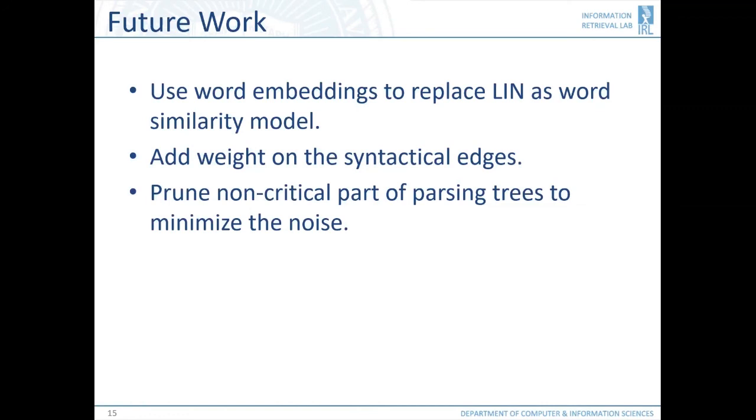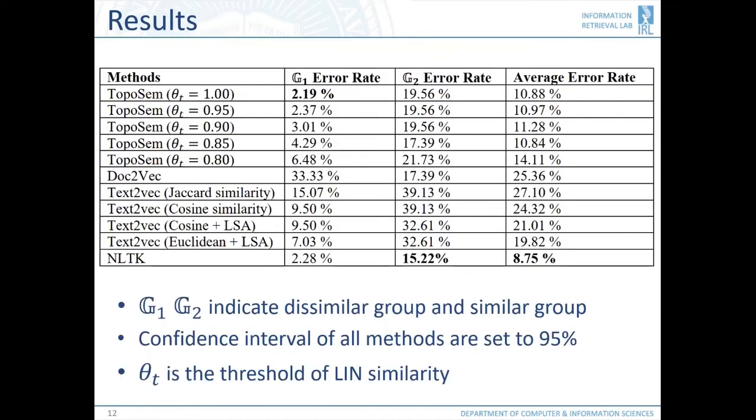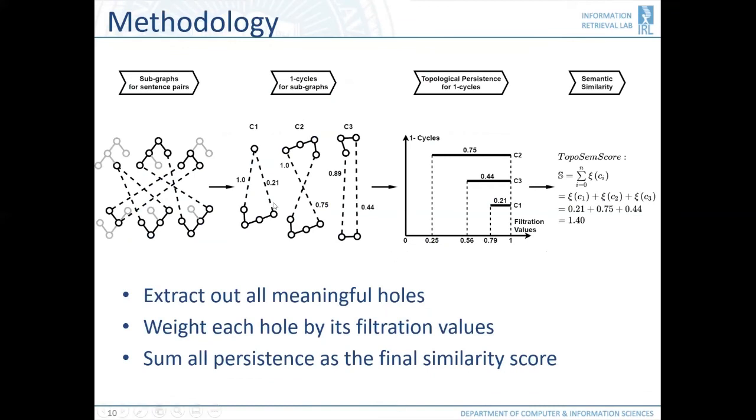Okay, so the second future work is adding weight on the syntactical edges. Right now we only have the weights between the terminal nodes, but we didn't take into account the constituency parsing trees. So in future work, we plan to give some weighting for the constituency parsing tree, like this one.